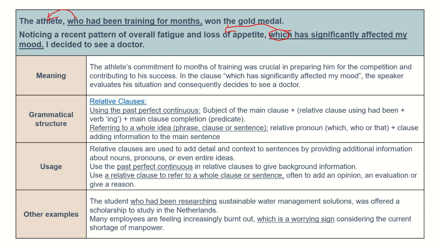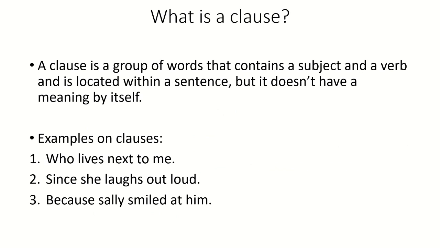So, in this part, we're going to talk more in detail about relative clauses. Firstly, what is a clause? I talked before about participle clauses, and now I'm talking about relative clauses. So a clause is a group of words that contains a subject and a verb.